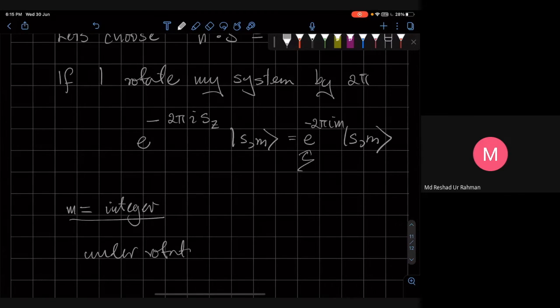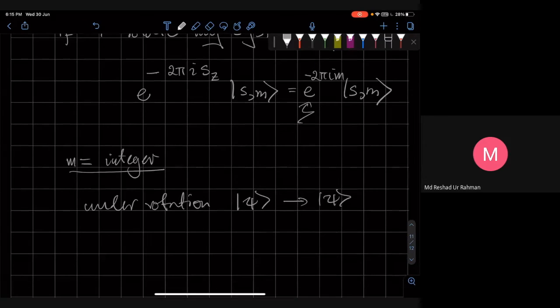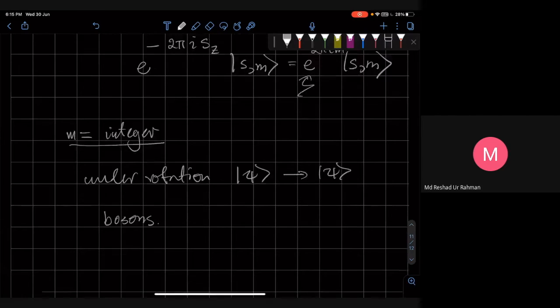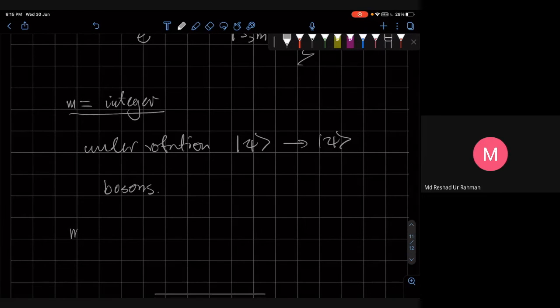Under rotation, our system will remain unchanged. And such particles are called bosons, okay? On the other hand, bosons have integer s. Because if m is integer, s is going to be integer.